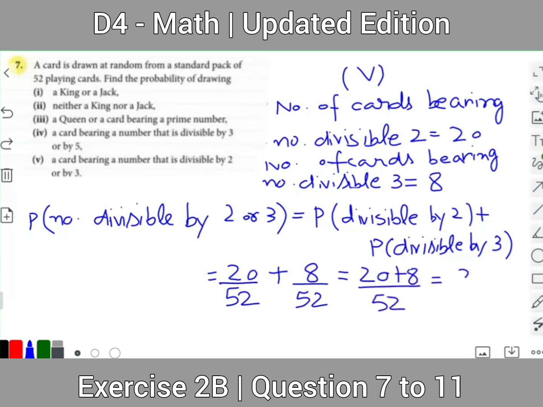So here we have 28 over 52. Now after simplification, we have 7 over 13. So the probability that a card drawn bearing a number that is divisible by 2 or by 3 will be equal to 7 over 13.